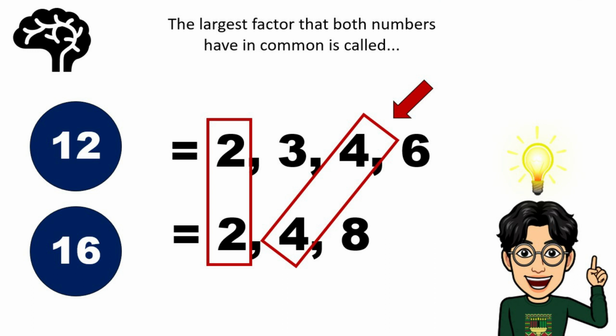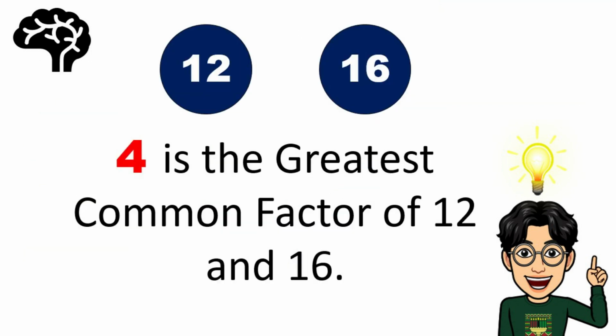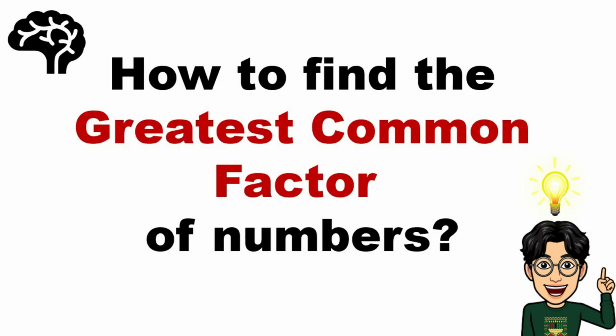The largest factor that both numbers have in common is called the greatest common factor, or GCF. In this case, 4 is the greatest common factor of 12 and 16. How do we find the greatest common factor of numbers?